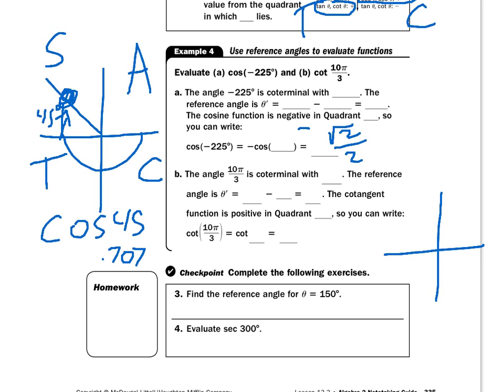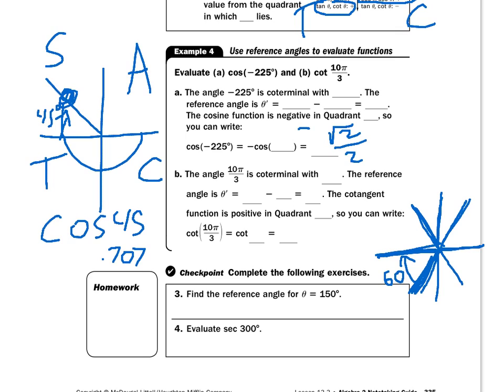Pi over 3. 60 degrees, 120, 180. That's 3 pi over 3s. 4 pi over 3, 5 pi over 3, 6 pi over 3. There's 2 pi. 7 pi over 3, 8 pi over 3, 9 pi over 3, 10 pi over 3 right down here. So it looks like I'm 60 degrees from the base there.